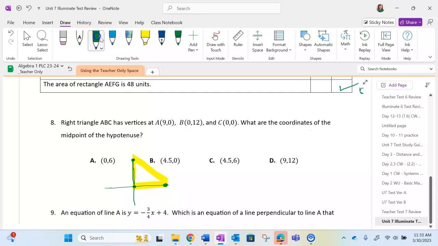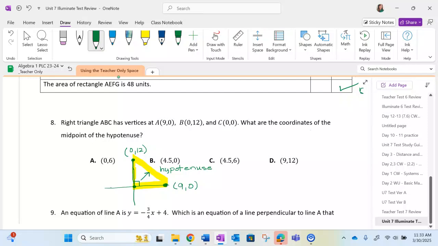All right, a hypotenuse. There is a right triangle here. The hypotenuse is always across from the right angle where the box is. So what are these 2 points? This is 0, 12. This point is 9, 0.